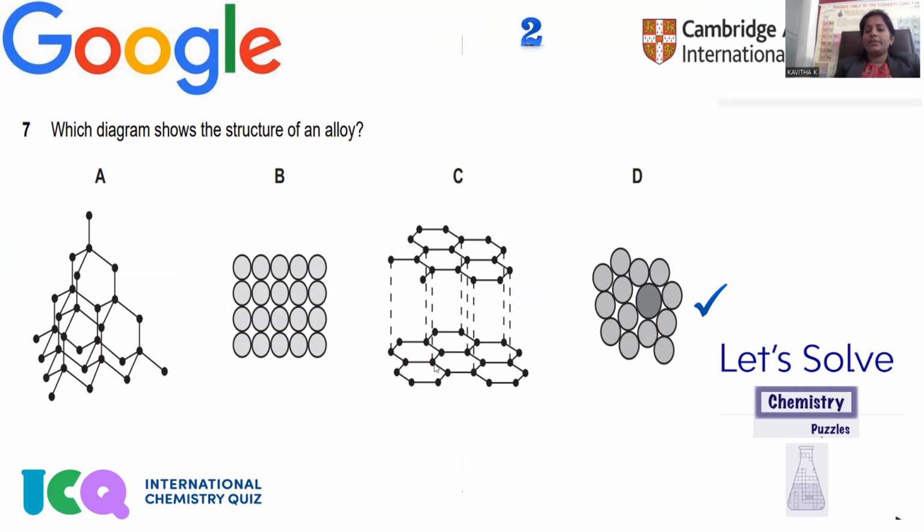This is one layer, and at the bottom you can find the same hexagonal layers, and both hexagonal layers are interconnected by dotted line bonds. These dotted line bonds are nothing but weak forces. These forces are designated as van der Waals forces, right? Because of these forces only, all the layered structures are connected one with another, right?